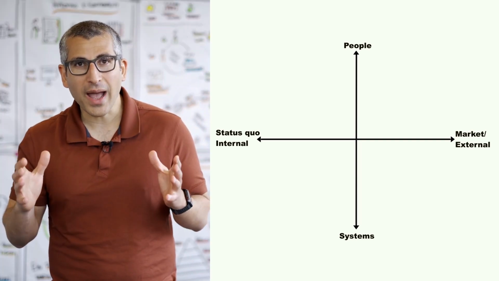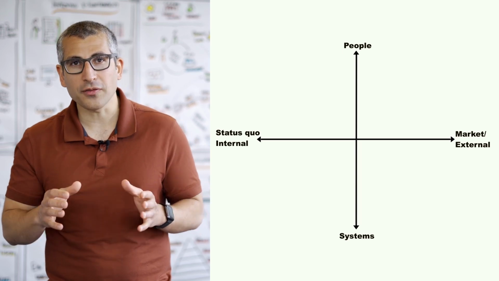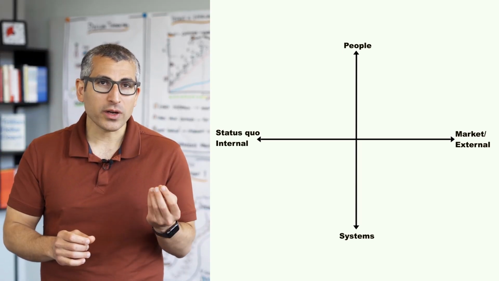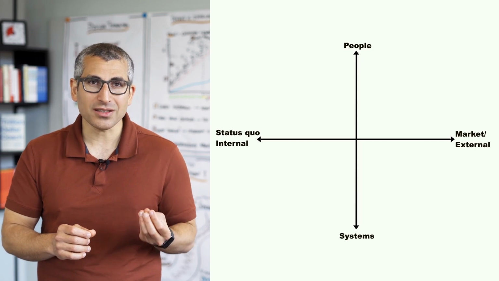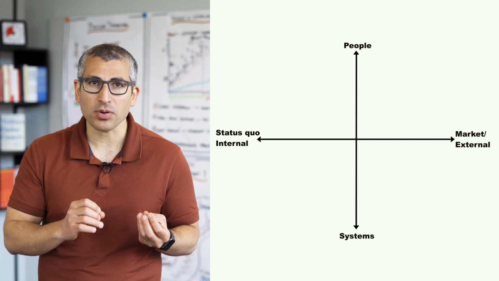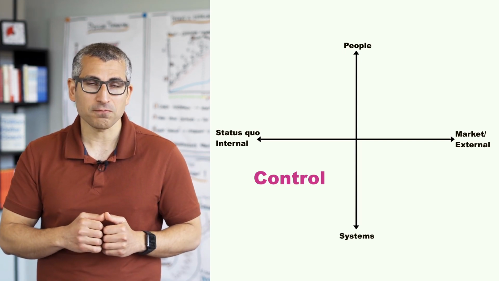Based on these two axes and the different dimensions, we end up with 4 different quadrants. At the bottom left, organizations that are very much status quo and internal focused, and also systems and process focused, are the so-called control organizations.